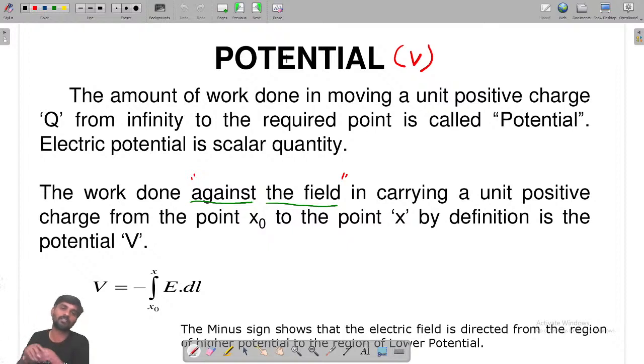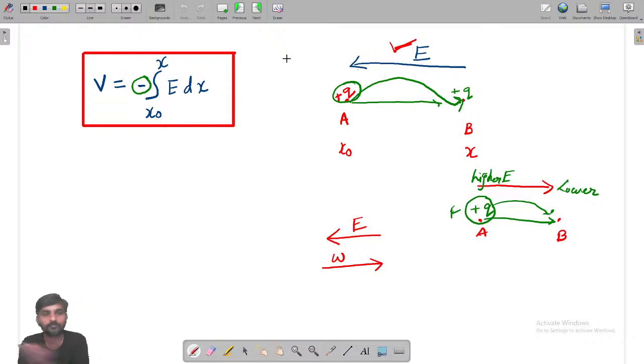Then we discussed potential: the amount of work done against the field in carrying a unit positive charge from point x0 to x is called potential V. We discussed how it came. The negative sign indicates that you are doing the work opposite.